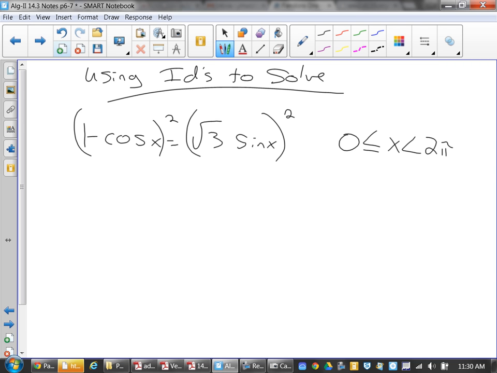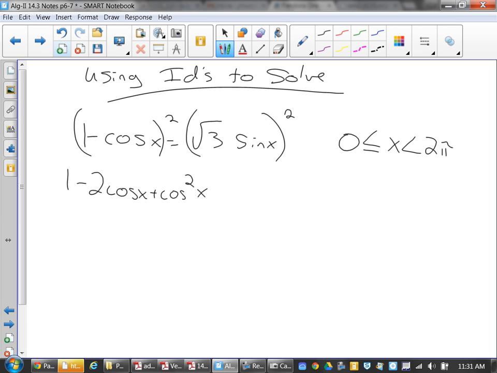Squaring the left is the same thing as squaring 1 minus cosine x. You'd have to FOIL that out. Okay with that? So you get 1 minus 2 cosine x plus cosine squared of x when you FOIL it all out.